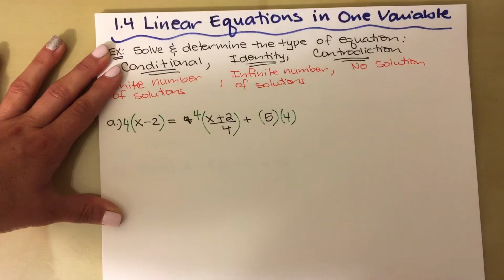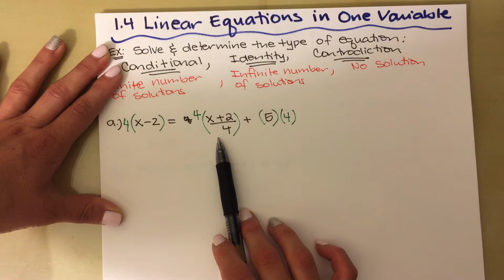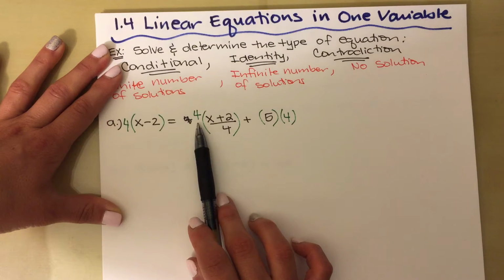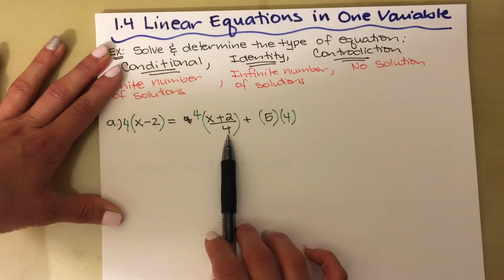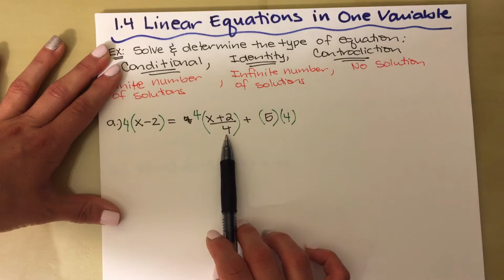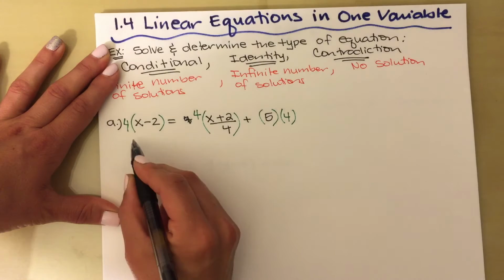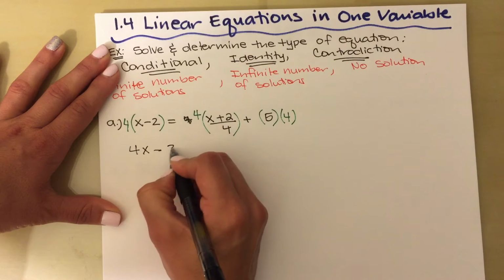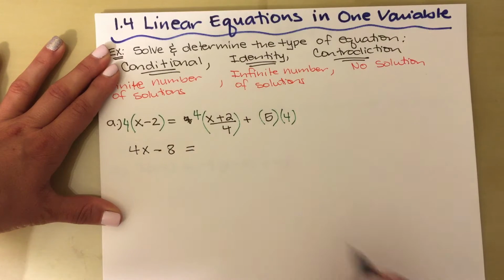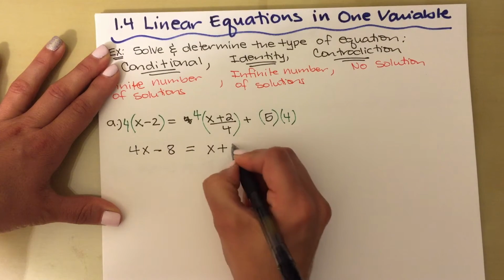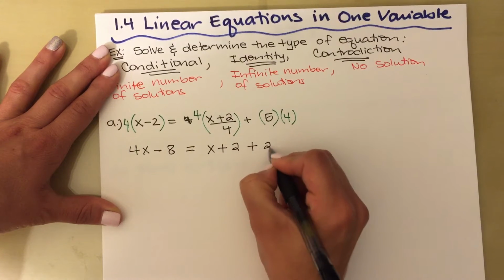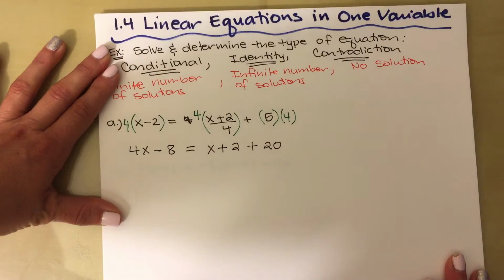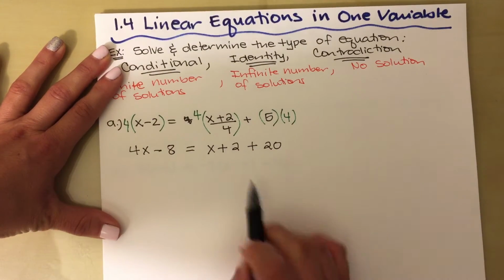When you multiply this fraction by 4, what happens is that 4 over 4 reduces to 1 and it eliminates the fraction. Distribute. We combine like terms.